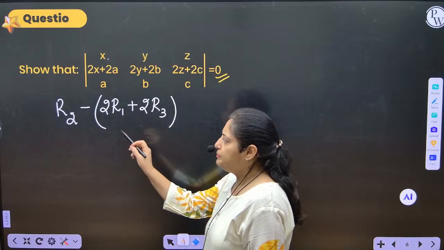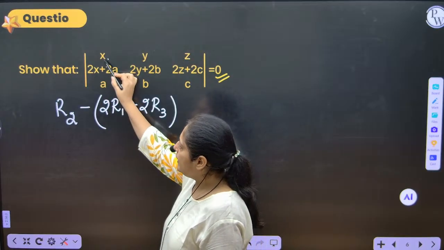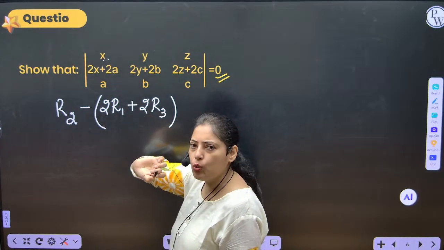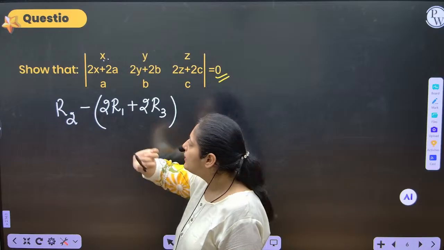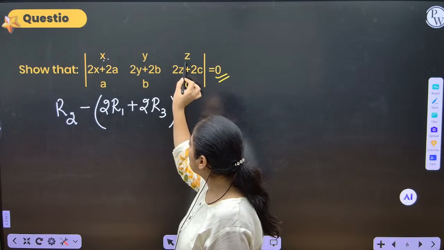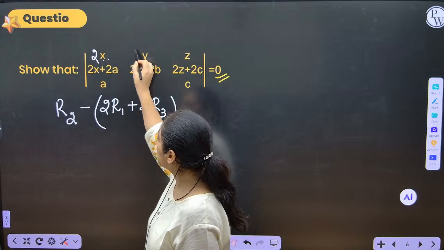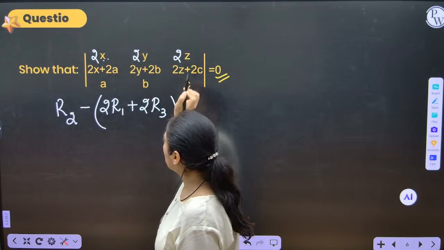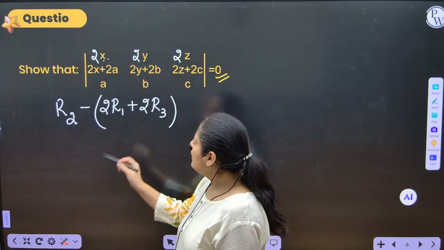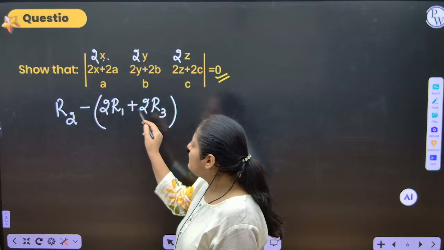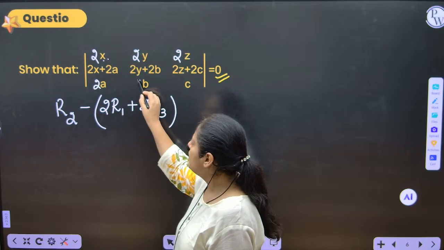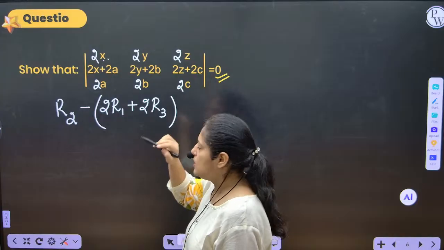Now see, if I multiply this row with 2, it will become 2x, 2y, 2z. So I'll write it here, 2x, 2y, 2z. If I multiply row 3 with 2, this will become 2a, 2b, 2c.